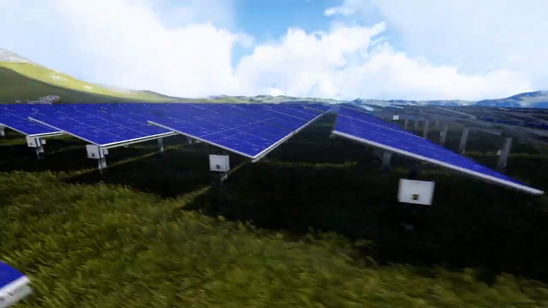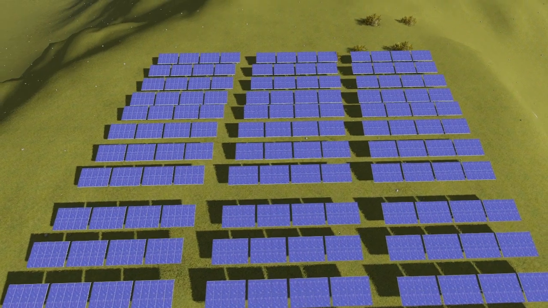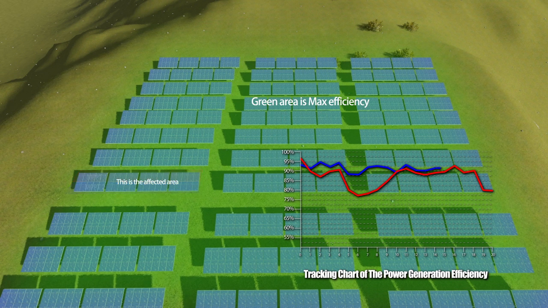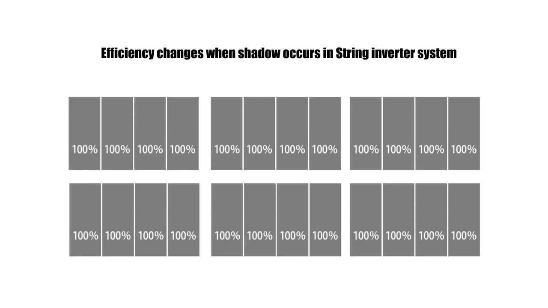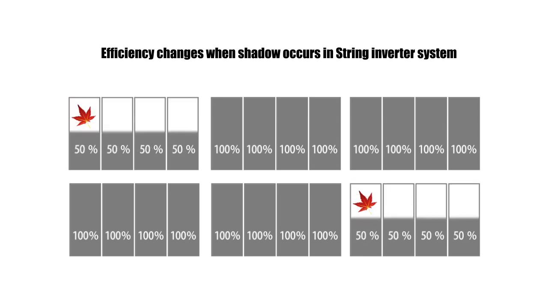If you use string inverters in a 500 kilowatt project, each inverter has 2 or 3 MPPT. That gives 100 to 150 MPPT in total. Influences of shadow or other circumstances will only affect between 2 strings. Other strings will still work at the max power point.